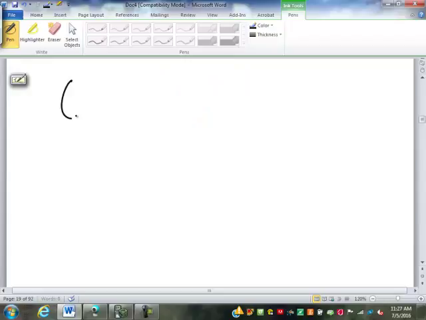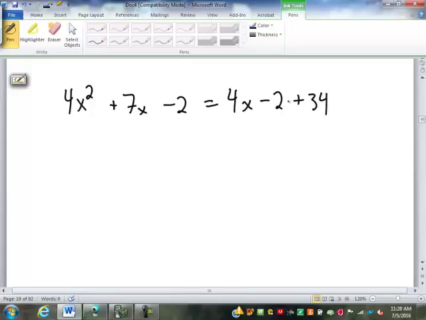The bad news is now we're going to look at something like this. 4x squared plus 7x minus 2 equals 4x squared minus 2x plus 34.